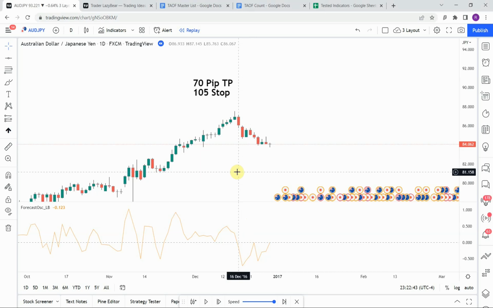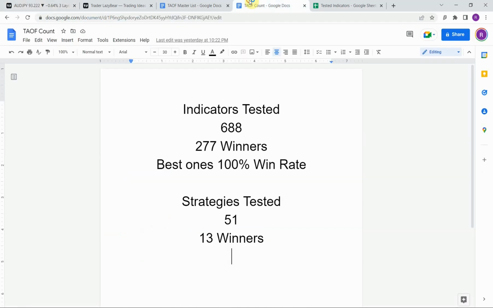Alright, as I said, today we will be testing the Forecast Oscillator. Before we do though, I wanted to put the testing scoreboard up for everyone to see. So to date, we have tested a total of 51 different strategies, with 13 of them being profitable. We've also tested a total of 688 indicators, with 277 of them being winners.